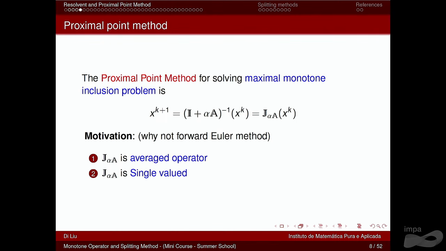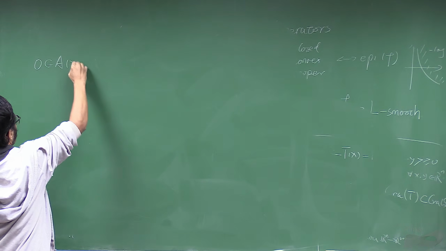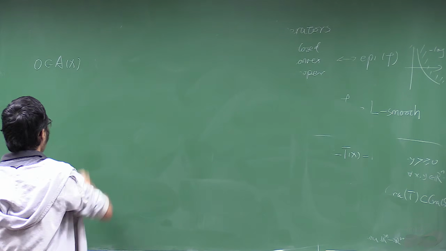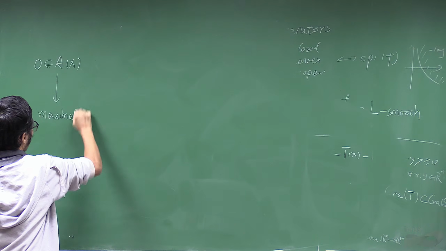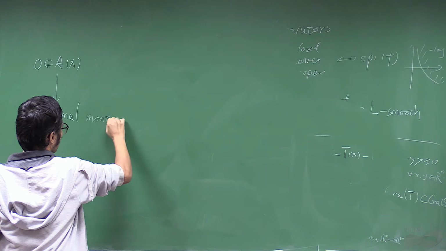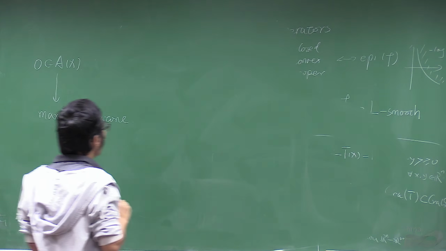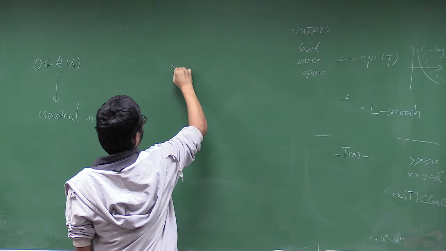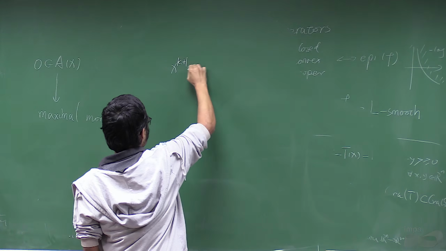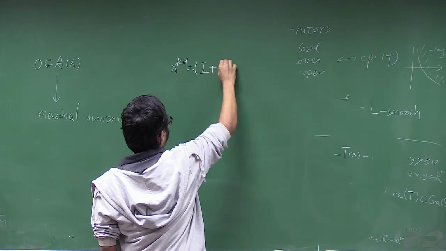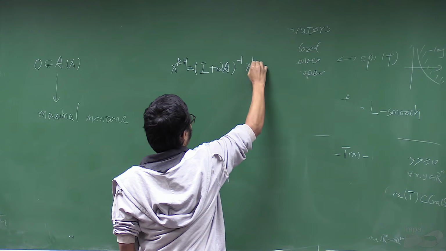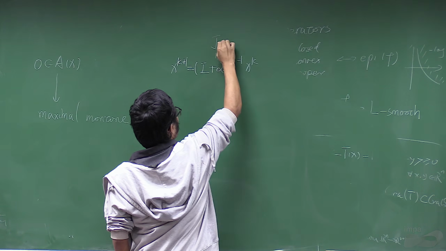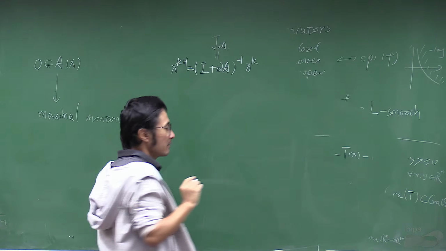I rewrite it here. So we have an inclusion problem, where the operator A here is maximal monotone. And we have the algorithm x_{k+1} equals (I plus alpha A) inverse of x_k. We call it J_alpha A, the resolvent.